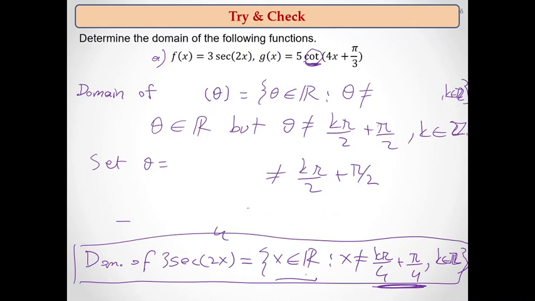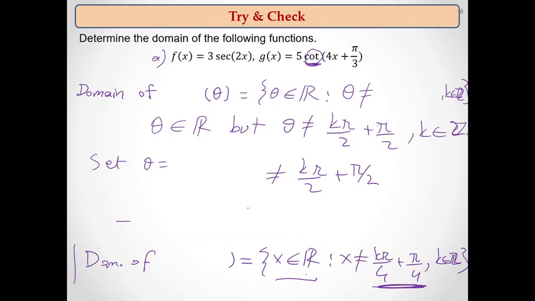Domain of cotangent theta. The x is inside, so you don't pay attention to 5. Just look at cotangent theta. What makes cotangent theta undefined?